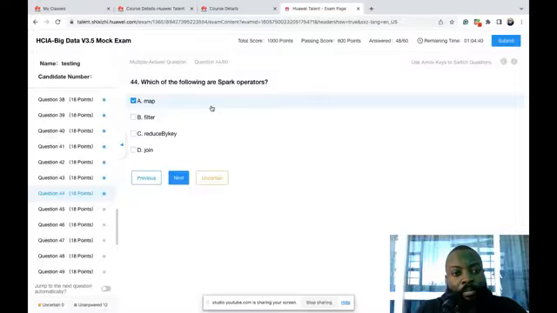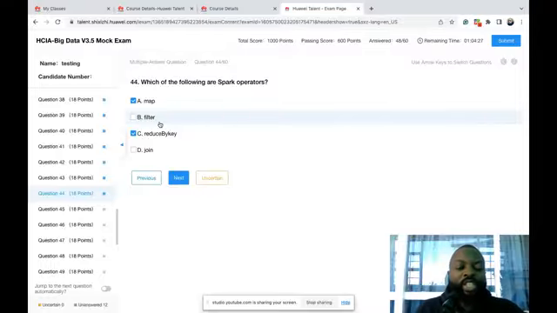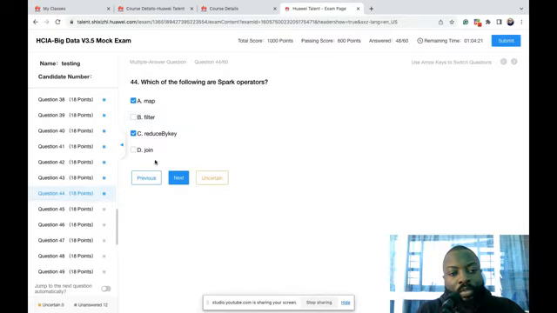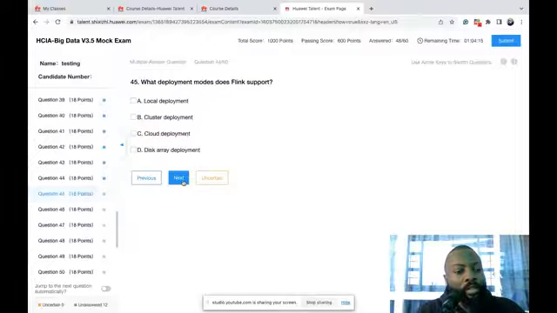We have map, yes, because we have the map task. We have the reduce task. We can shuffle, but filter, let's see. Join, yeah. And then filter. Yeah, one of them.